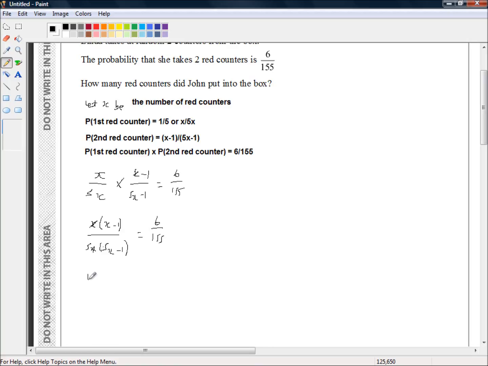So we've got 155 into x minus 1 is equal to, well, 5 times 6 is 30, so that's equal to 30 into 5x minus 1.